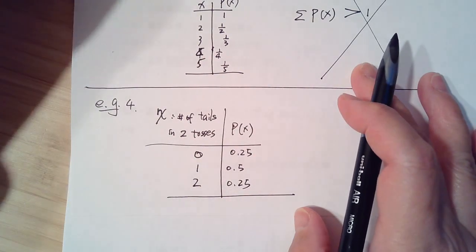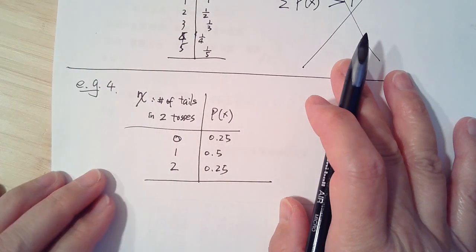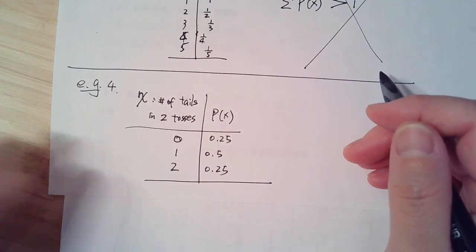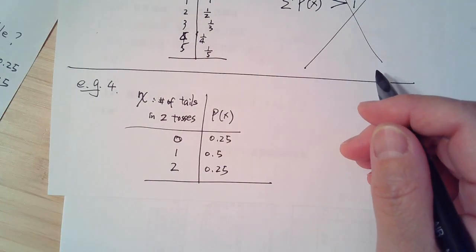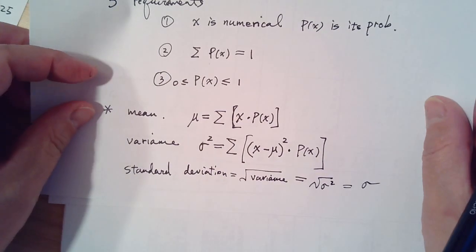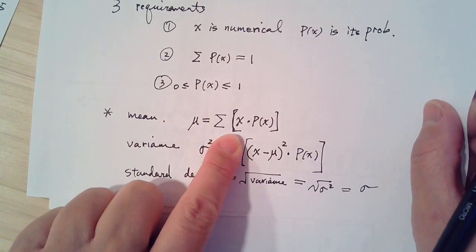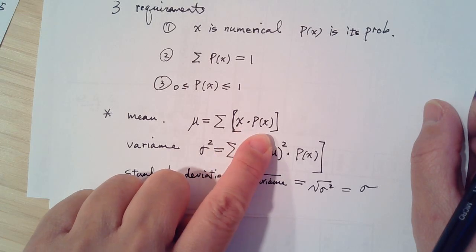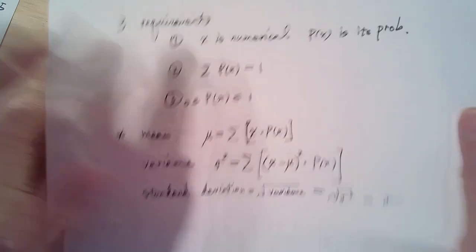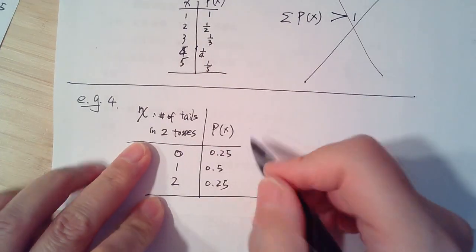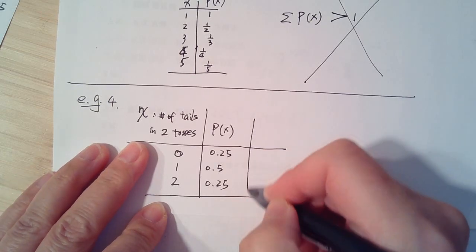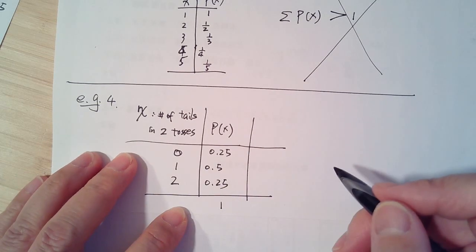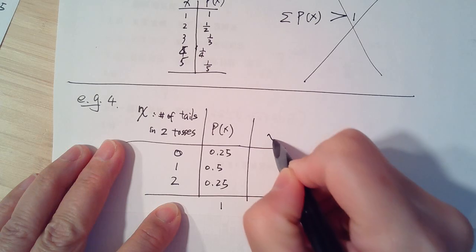Now, you know what I ask you to do? I ask you to find a mean and a standard deviation. Here is the formula. The mean is the x value times the probability, get the product, add up, you get mu. So we have x, we have p of x. I only need x times p of x.